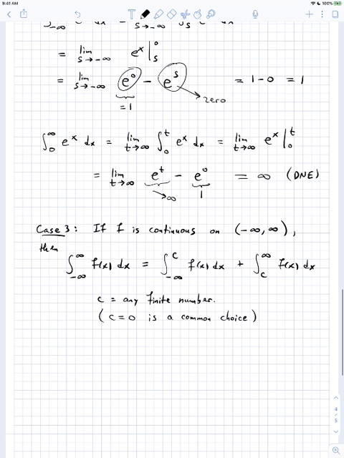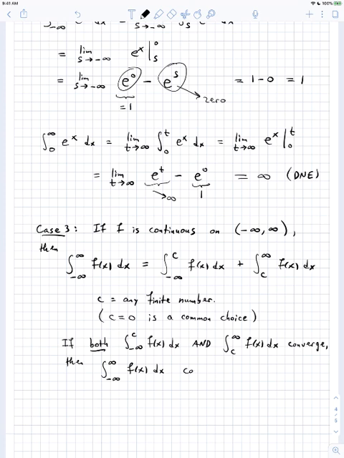And the basic idea is, if both the integral from minus infinity to c, f of x dx, and the integral from c to infinity of f of x dx, if both of those converge, then your original doubly infinite integral, from negative infinity to infinity of f of x dx, converges.